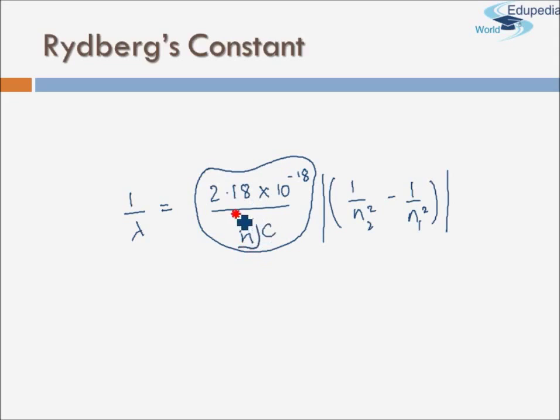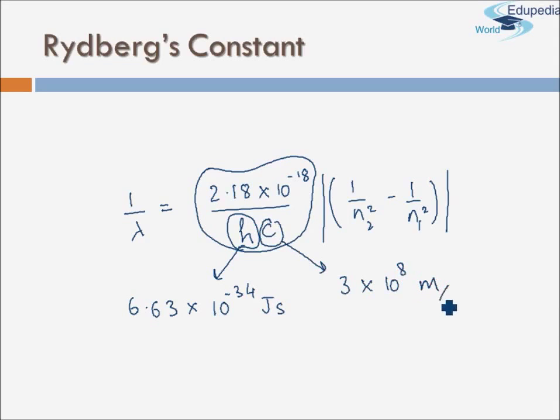What is the value of h? Do you remember the value of h? You do have to remember this value. h is Planck's constant. In SI unit, it is approximately equal to 6.63 into 10 to the power minus 34 joule second. And c is velocity of light in vacuum, which again in SI unit is approximately 3 into 10 to the power 8 meter per second.